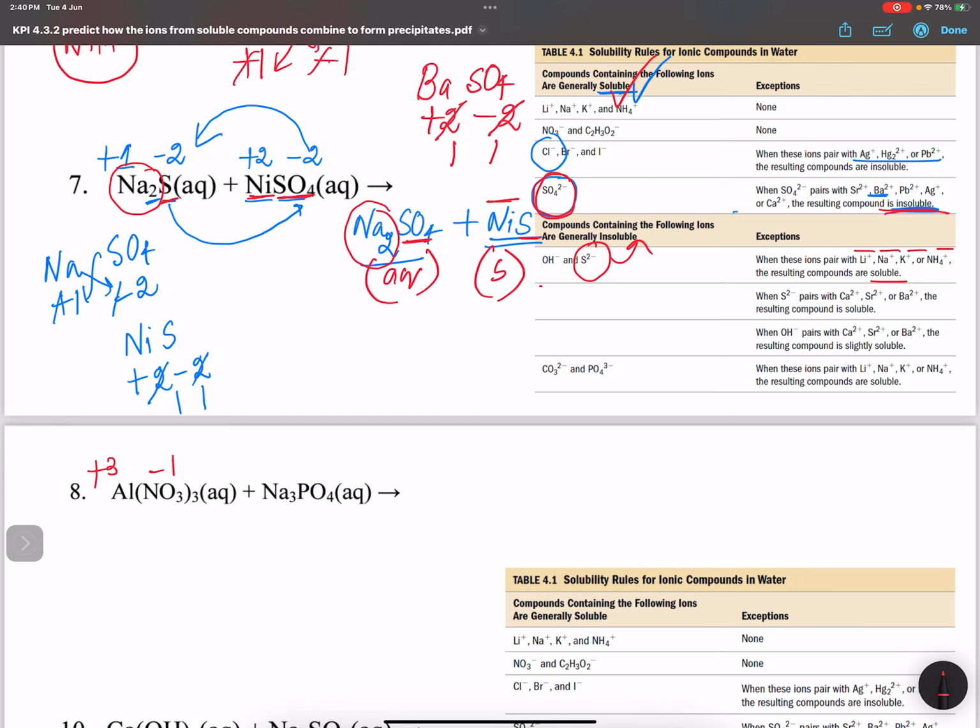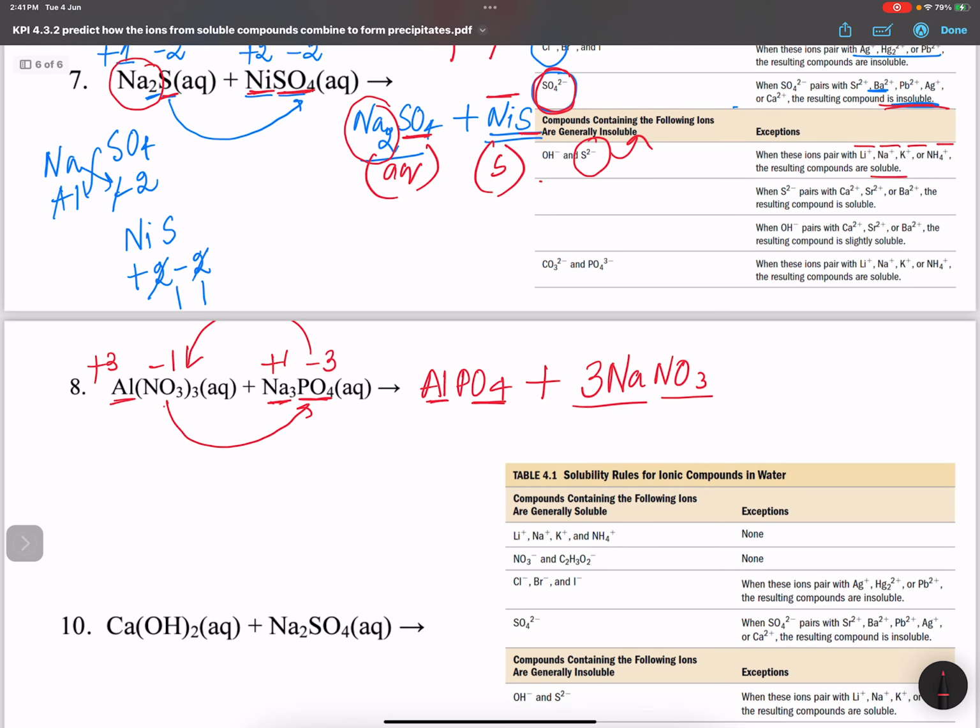+3 -1 +1 -3. Switch. AlPO4 plus NaNO3. Balancing: 1 Al, 1 Al, 1 PO4, 1 PO4, 3 Na, so I'll put 3 here, 3 Na, 3 NO3.